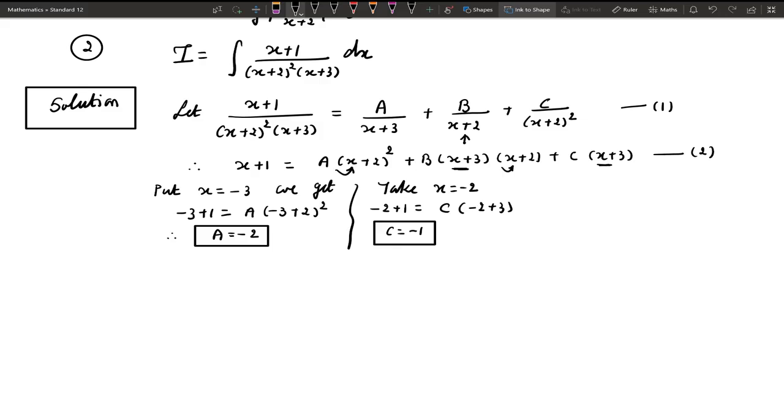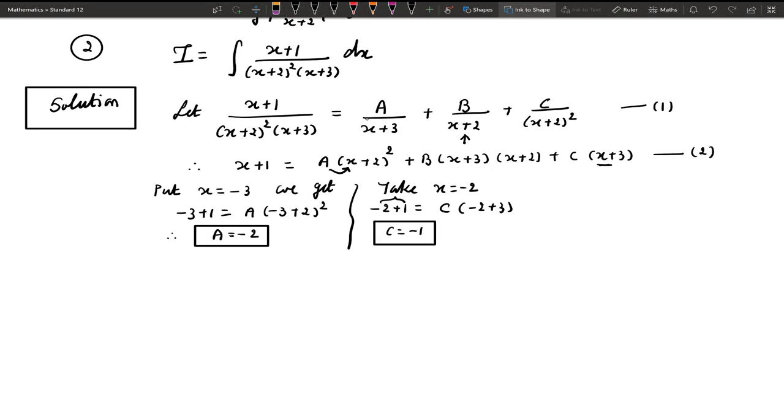Again in equation 2, you put x equal to minus 2. Left hand side: minus 2 plus 1, that is minus 2 plus 1 minus 1. Here when we take x equal to minus 2, the coefficient of a will be 0, and the coefficient of b will be 0, because one factor is x plus 2.